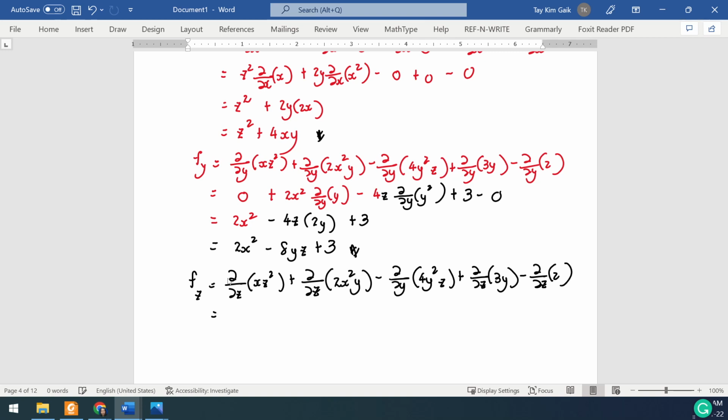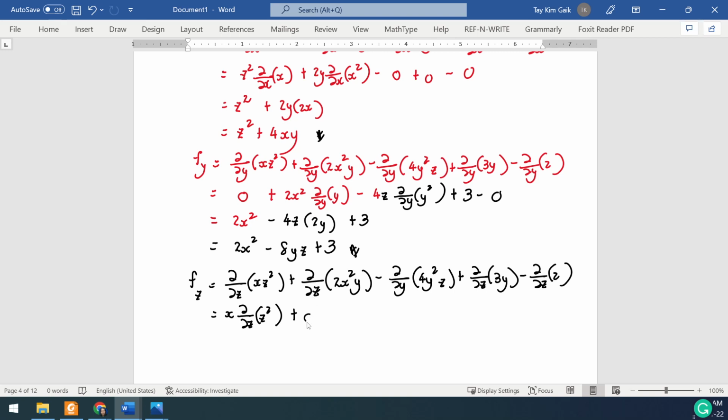So fz is ∂/∂z, x is constant, factor x outside, so you have ∂/∂z of z squared. When you take ∂/∂z, 2x squared y is constant.